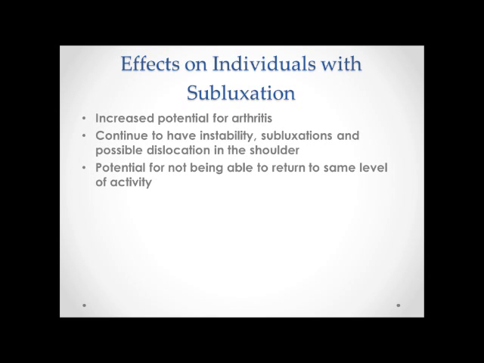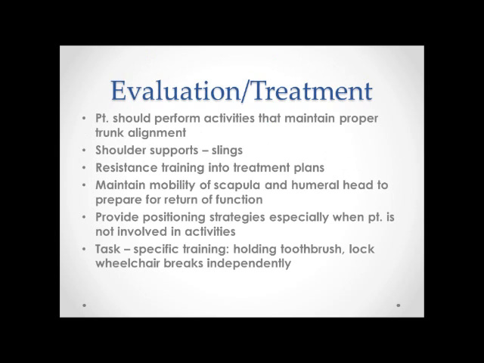With subluxation, some treatments are patients should perform activities that maintain proper trunk alignment. Also, you can see shoulder supports like slings. What therapists need to remember is slings must support the scapula on the rib cage with that glenoid fossa facing upward, forward, and outward, and must compensate for a lack of support by that rotator cuff.